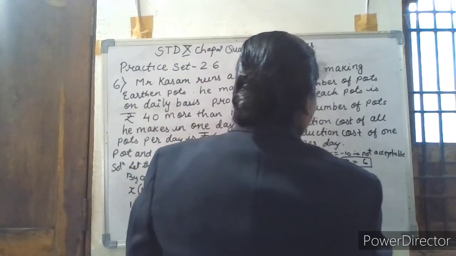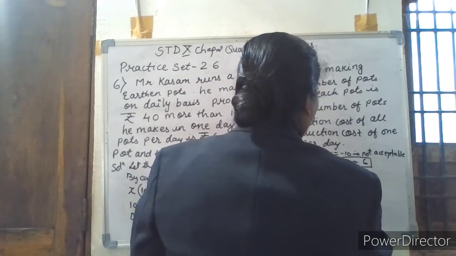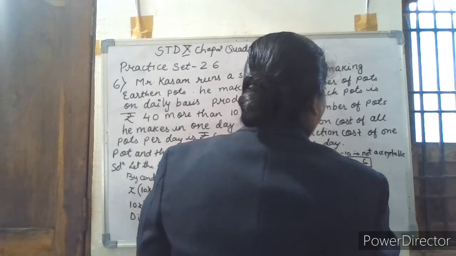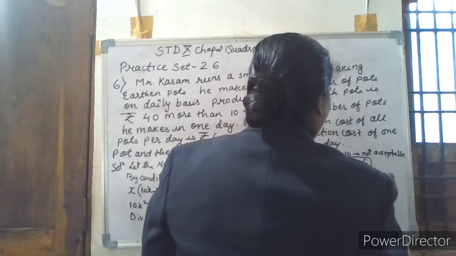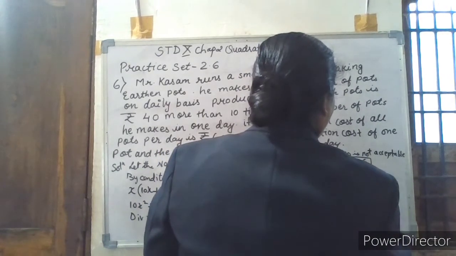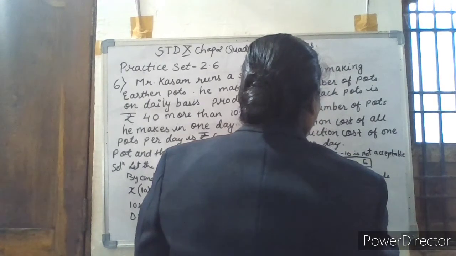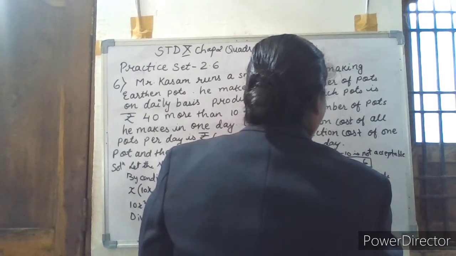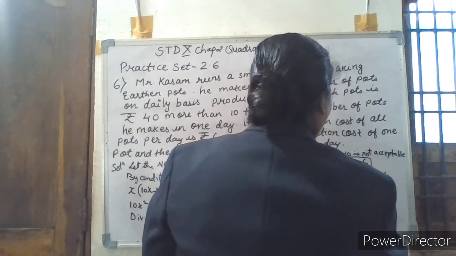Therefore, number of pots made per day is equal to 6.